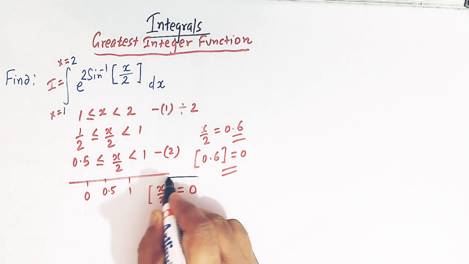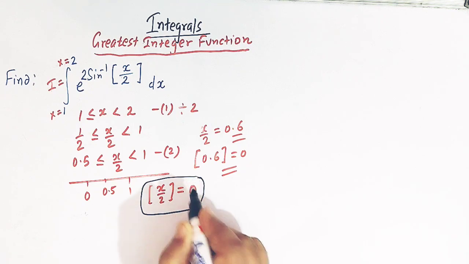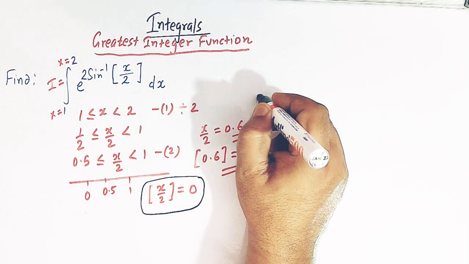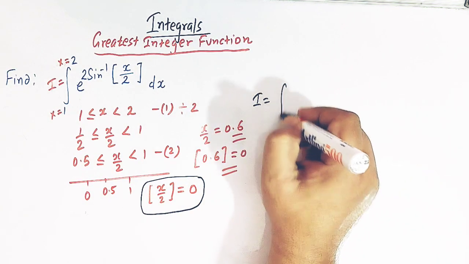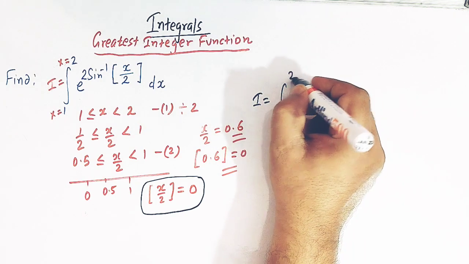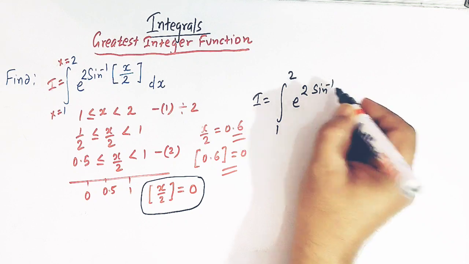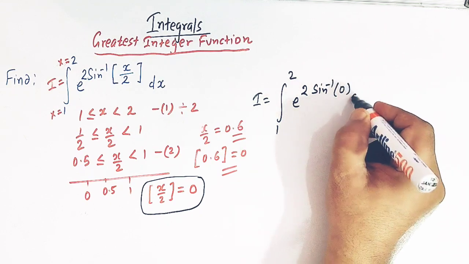So the greatest integer of x over 2 is equal to 0 when x varies from 1 to 2. Now this integral I can be written as the integral from 1 to 2 of e raised to 2 sine inverse of 0.